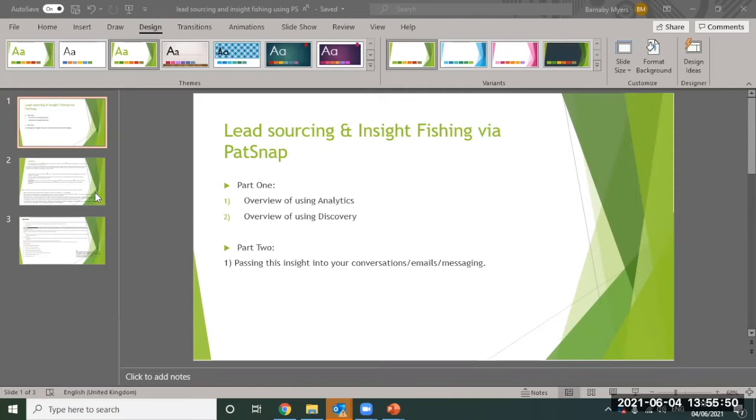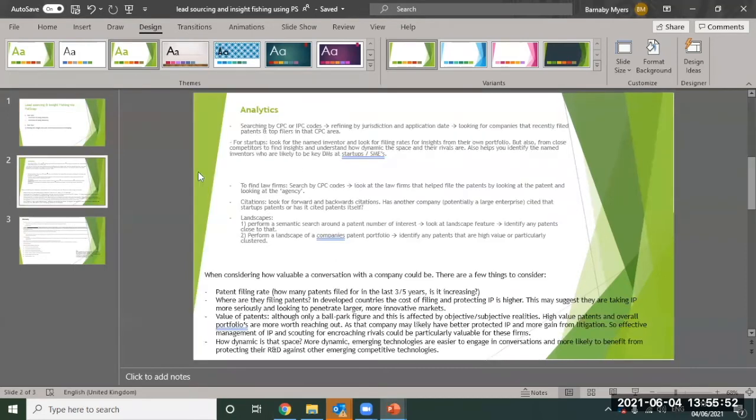So to start off, we're going to look at analytics. We're going to search by IPC code and CPC code. We're going to refine by jurisdiction and application date. Then we're going to look for companies that have recently filed patents. If you're working with enterprise companies, it's not surprising. It's often predictable what companies will come up in particular technology areas.